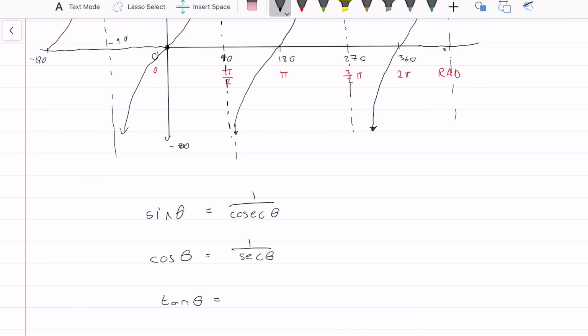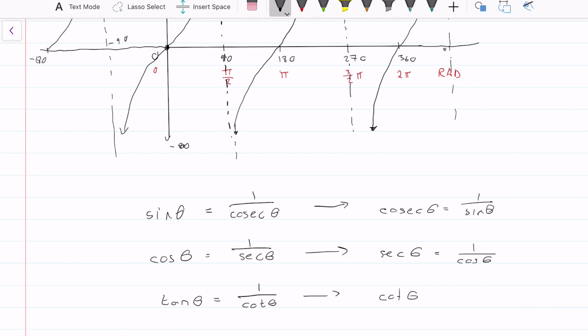And tan theta equals 1 over cot theta. Okay, so that's just by definition. And obviously it holds that cosec theta equals 1 over sine theta, sec theta equals 1 over cos theta, and cot theta equals 1 over tan theta.